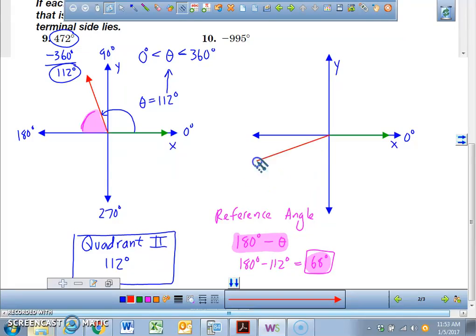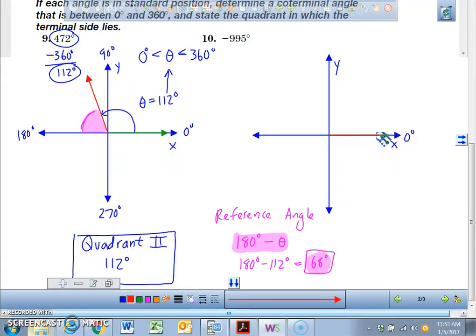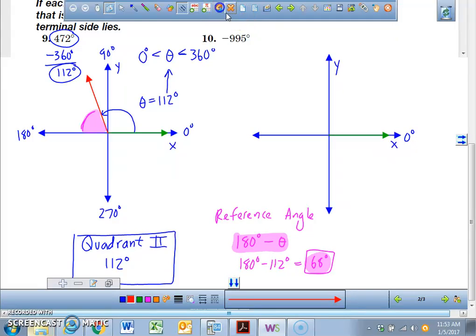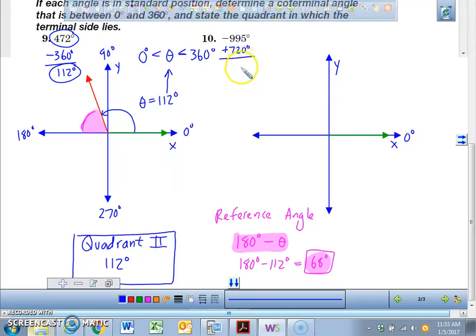If I went negative 360 twice, that gets me to negative 720. Got about 275 left. Take negative 995 and add 720 because we can already go 2 rotations. What do we have? Negative 275.